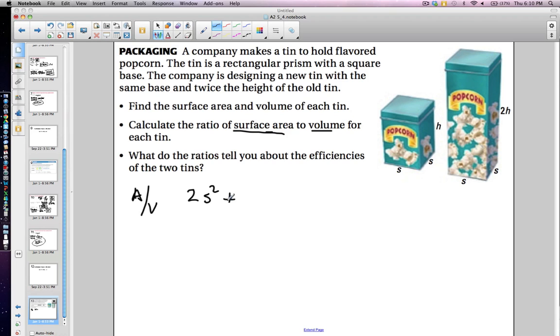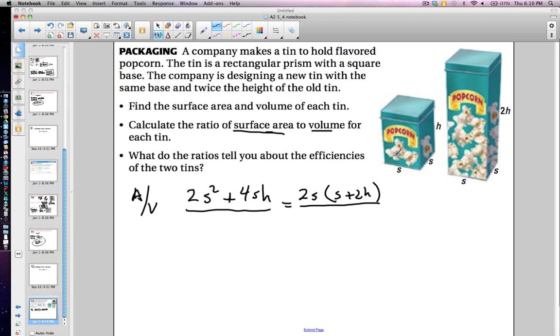So plus 4sh. Okay, and now I'm going to go ahead and factor that, because you can see that there's a 2s in each of these. So I'm going to have 2s times (s plus 2h). Okay, so I have created the numerator and factored it.